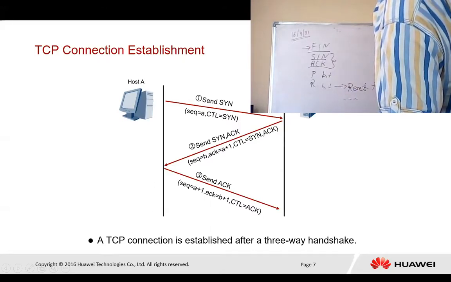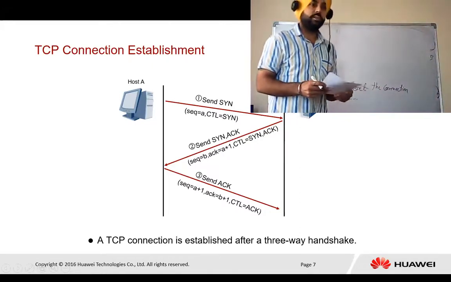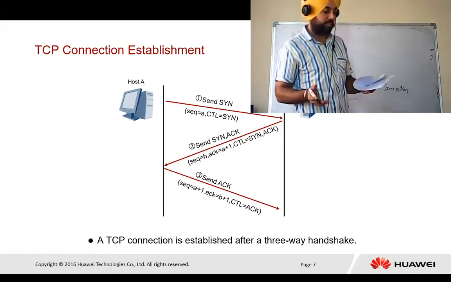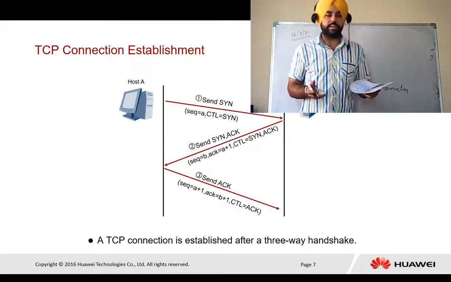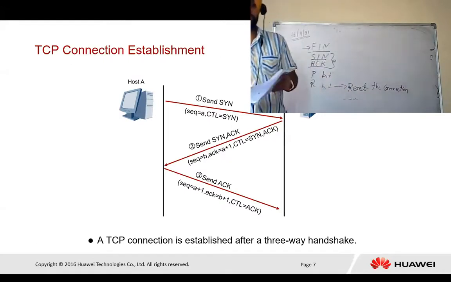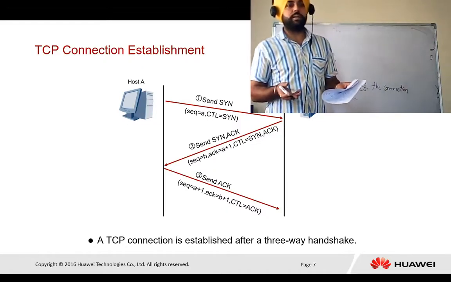TCP connection establishment. So first it will send the SYN message to host B. Basically, it's a 3-way handshake process. The connection request is sent to the destination, then the destination replies with SYN plus ACK.